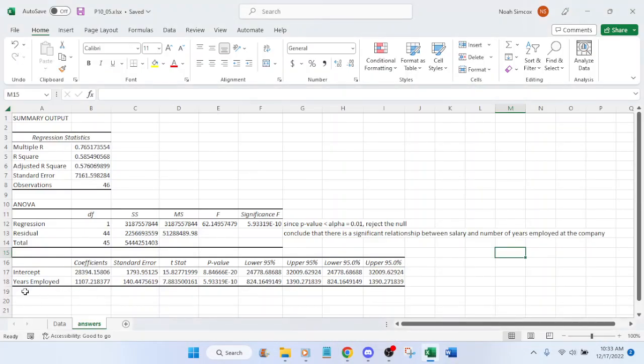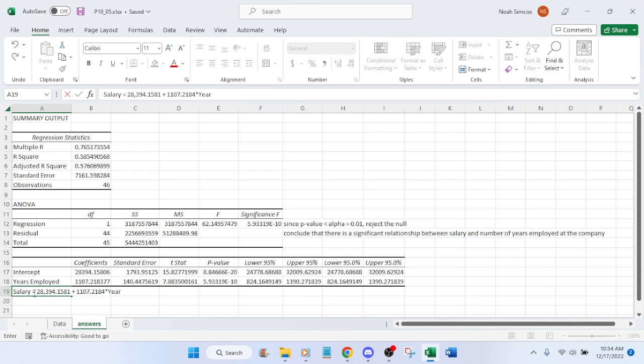Salary equals 28,394.51581 plus 1107.2184 times years employed.